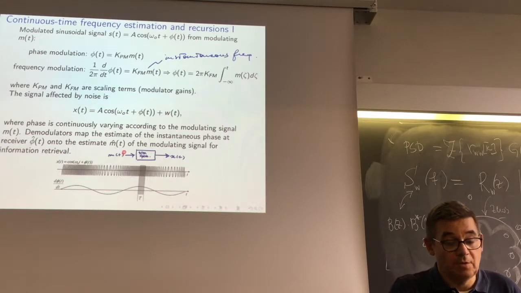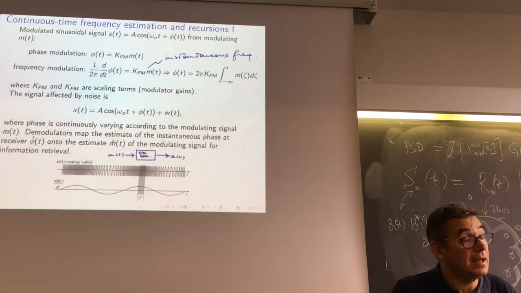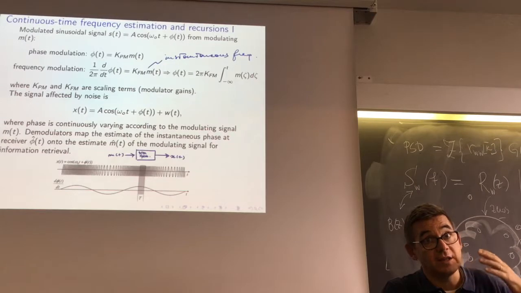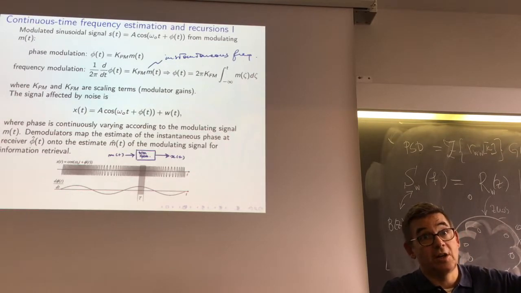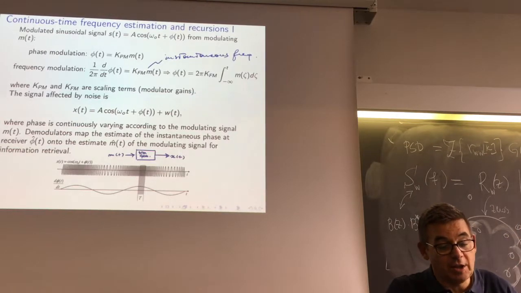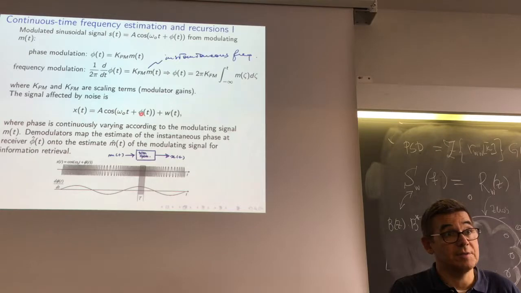In a telecom setting, this signal x(t) has been propagating over the air, so it is in some way distorted and affected by noise. I neglect any distortion and only look at the noise. So the signal is only affected by noise. My goal is to estimate the phase. So how to estimate the phase?